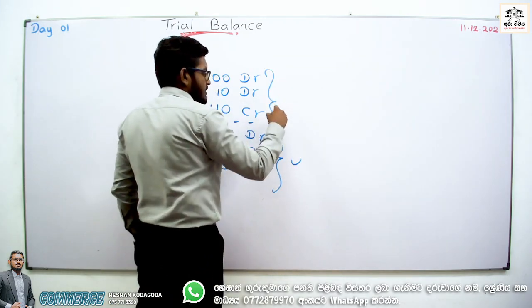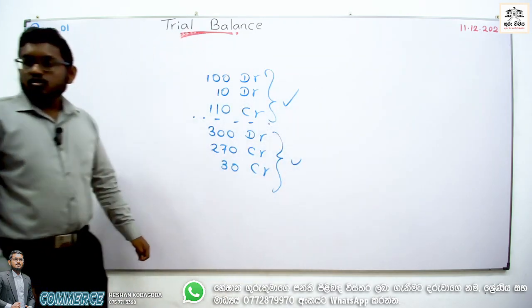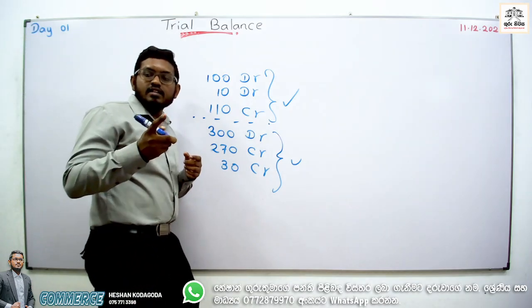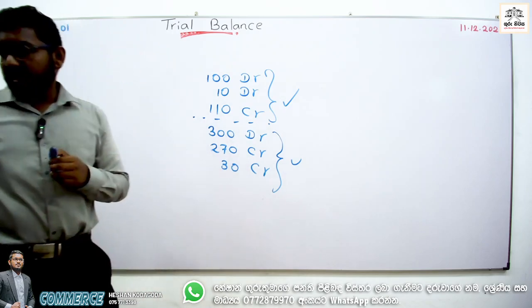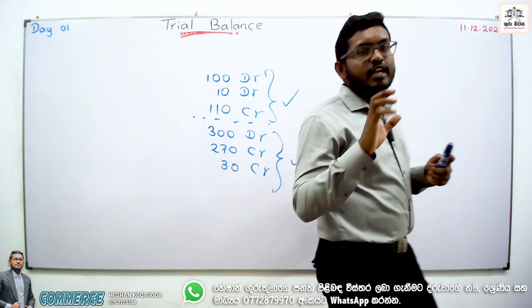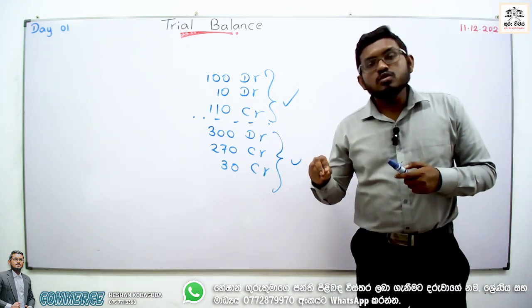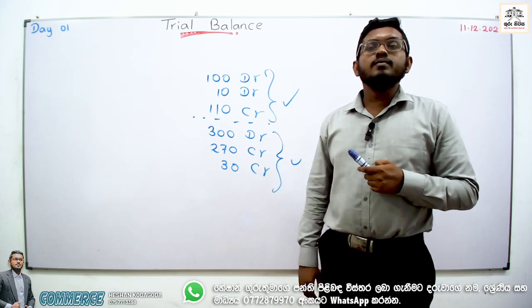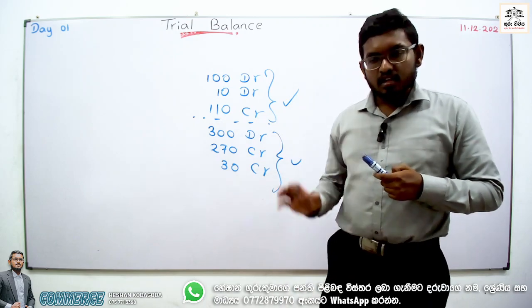Because of each transaction we can identify a debit and credit. So what I want to tell you is that because of our transactions, total debits equal total credits.